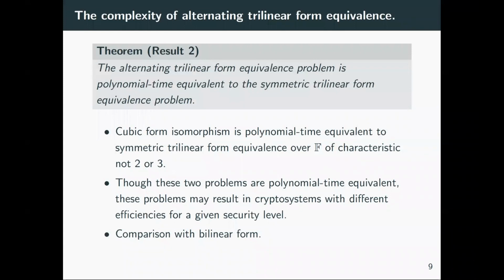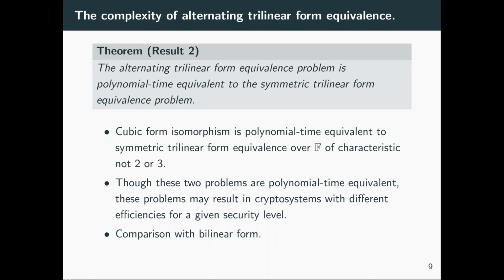Okay, let's look at the complexity of alternating trilinear form equivalence. We have the below theorem as our result 2. We proved that the alternating trilinear form equivalence problem is polynomial time equivalent to the symmetric trilinear form equivalence problem.